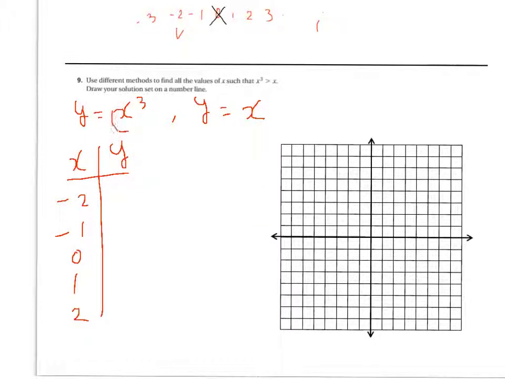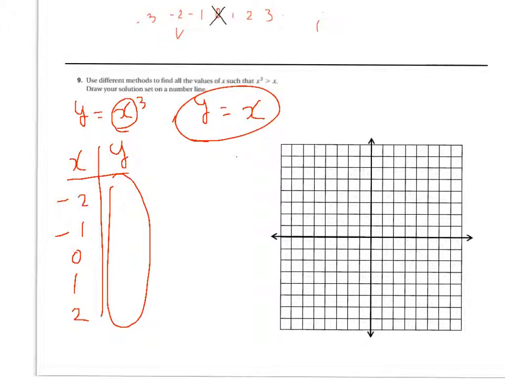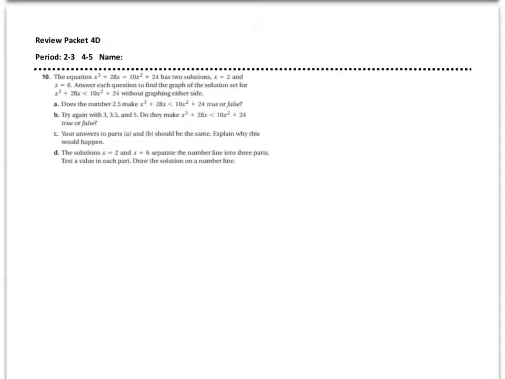You can plug that in right here, crank out what the y value is, and graph that. This is a really easy one. Those are the two basic graphs that you've learned before. y equals x is just a straight line like that, right? And you graph this one and do the same thing that you did in the previous problem. Take a look at the second problem.